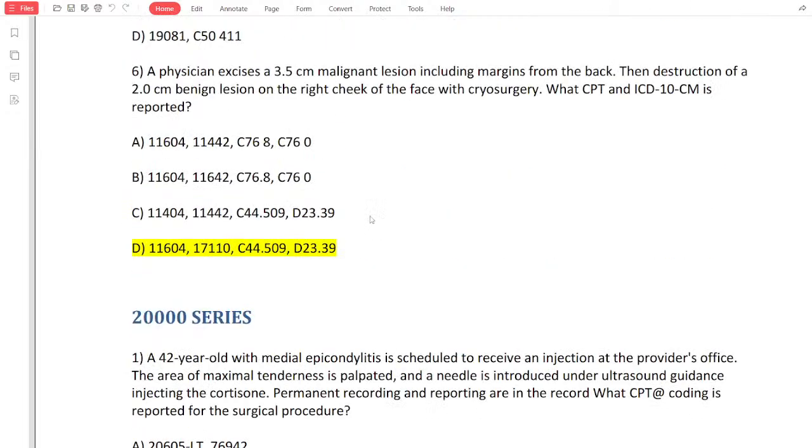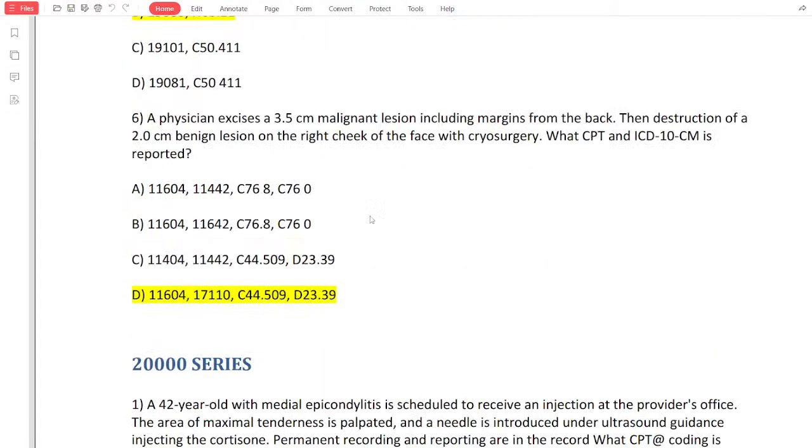So try to read the options carefully. A little tip I'm giving you guys: before reading the question, just read the options first of all in your CPC examination. Just read the options first. You get an idea about which category of codes they have mentioned.